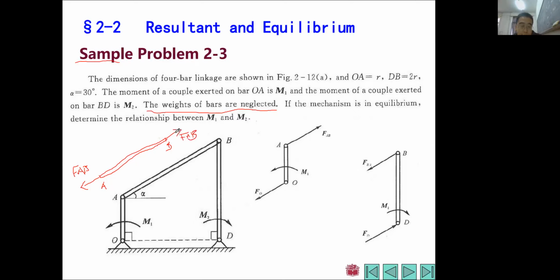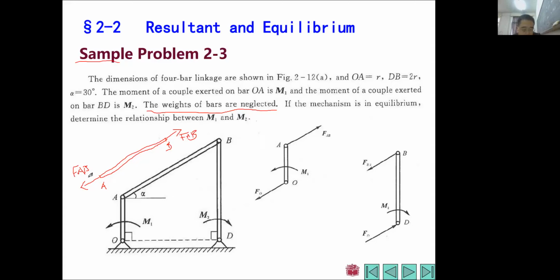Actually, because these two forces have the same magnitude, opposite direction, and are collinear, you just need to find one and you find both forces, right?